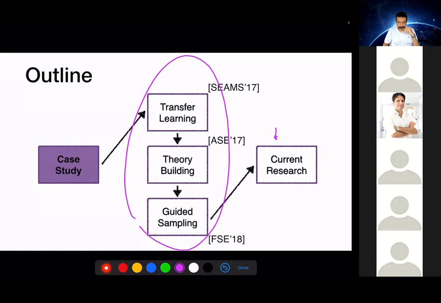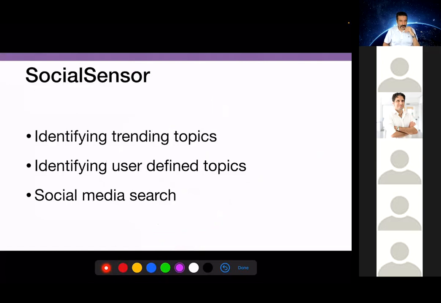Okay, let's continue. Specifically, the case study was a system that I was dealing with several years ago, and that was a composed system with interesting functionality.